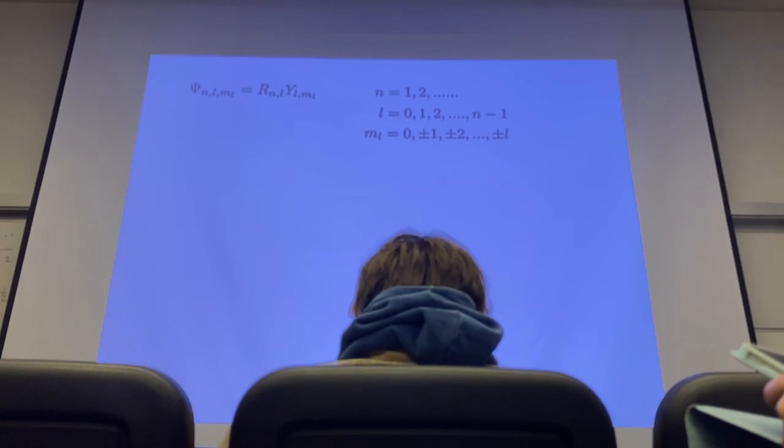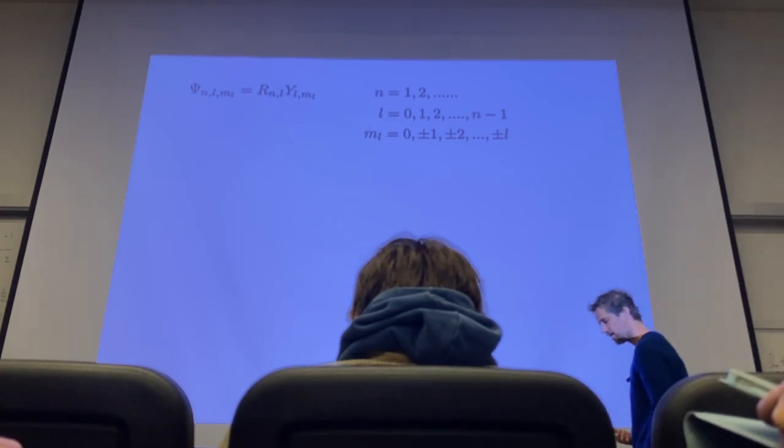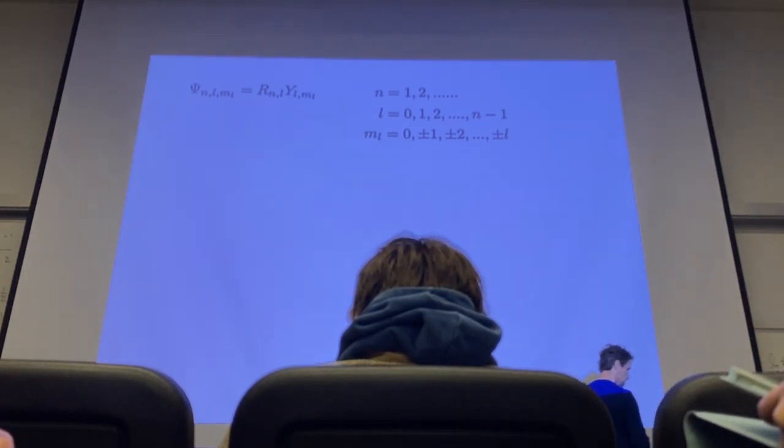The ML follows from the spherical harmonic part of the wave function, and it is slave to whatever L is. The only valid solutions mathematically are the solutions where ML runs from negative L to plus L in integer steps. Those are the mathematical results. It just rolls out.